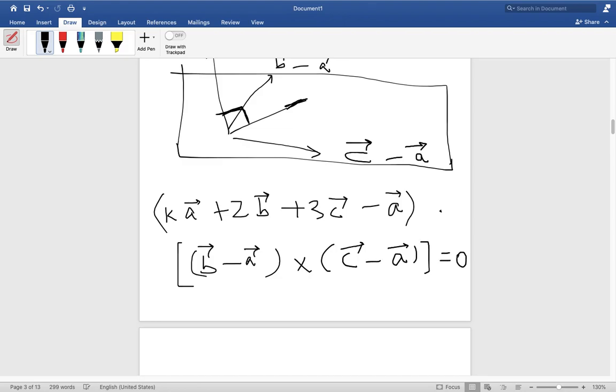This is not a 0 vector here because this is a dot product. Dot product is a scalar quantity, so it will only be 0, not a 0 vector.